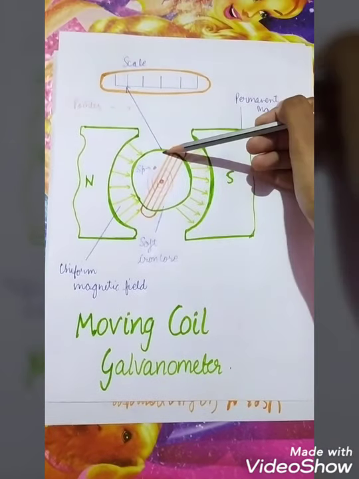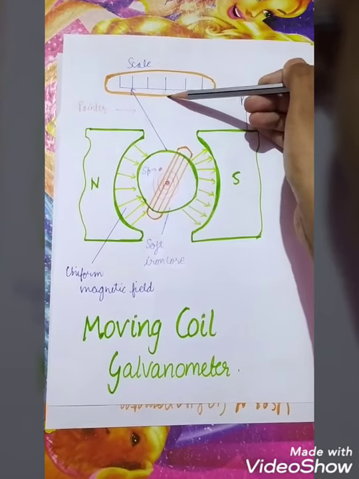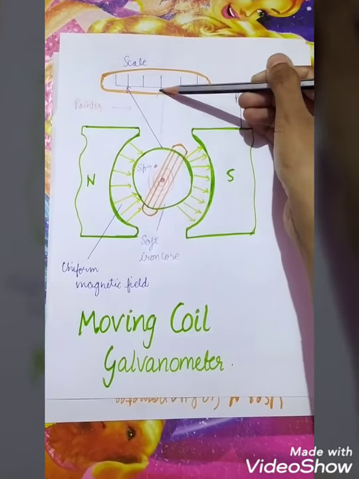If the pointer points straight, what does that mean? It means there is no current flowing through the circuit.